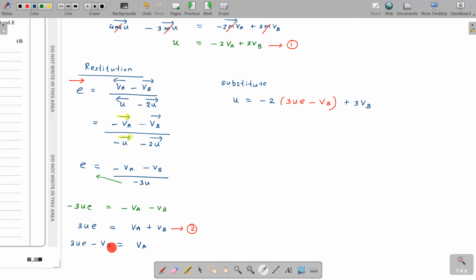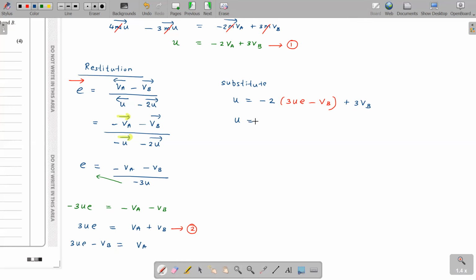I took the value of the velocity and substituted into the first equation, okay? Is that okay?